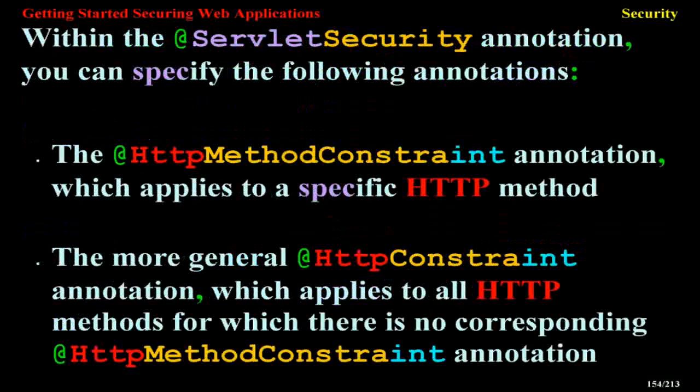Within the @ServletSecurity annotation, you can specify the following annotations. The @HttpMethodConstraint annotation, which applies to a specific HTTP method. The more general @HttpConstraint annotation, which applies to all HTTP methods for which there is no corresponding @HttpMethodConstraint annotation.